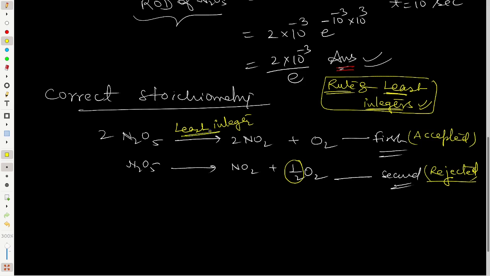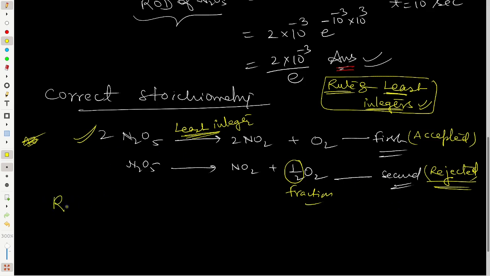Here there are least integers. This is not an integer, this is a fractional value. That's why we adopt this as the accepted stoichiometry. This is the rejected stoichiometry. So everything we should do according to this.